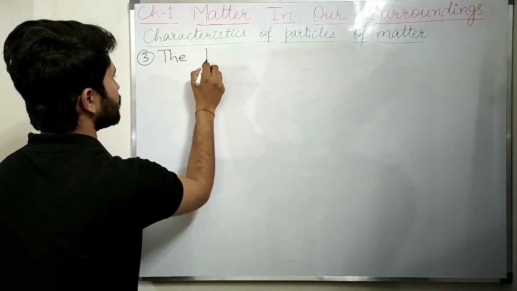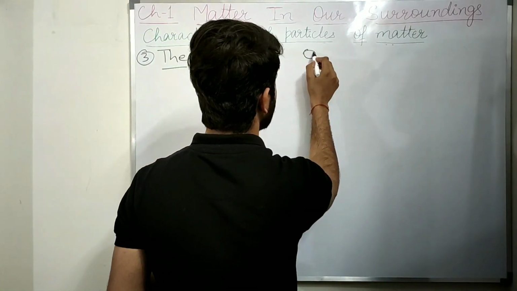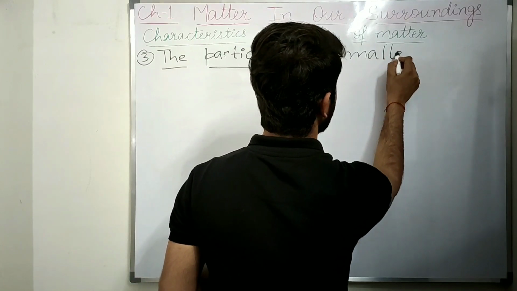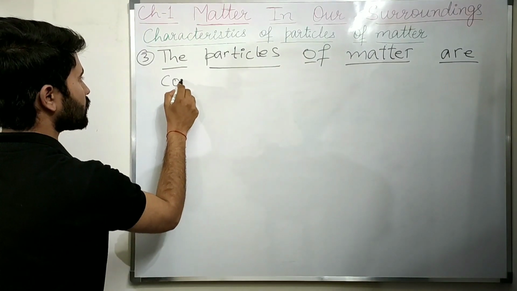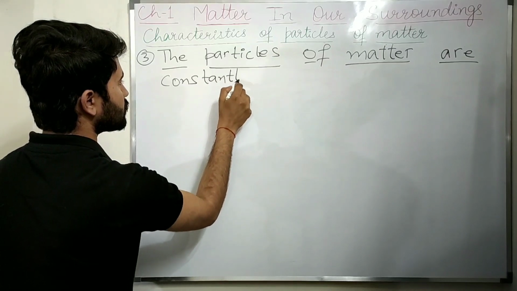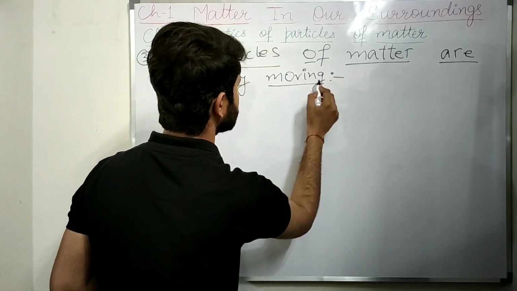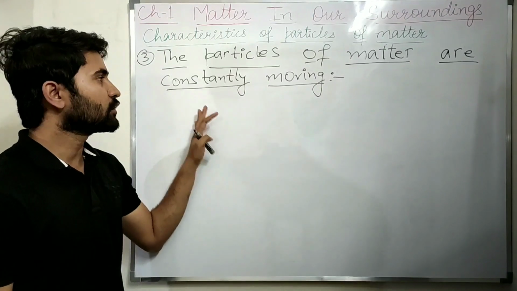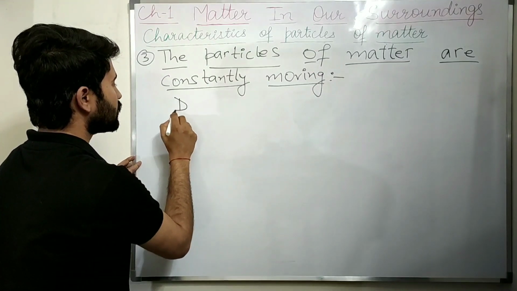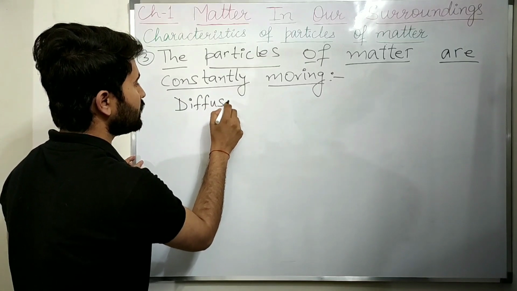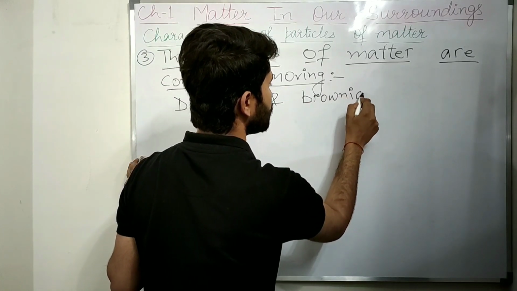The evidence for the constant motion of particles of matter comes from diffusion and Brownian motion.